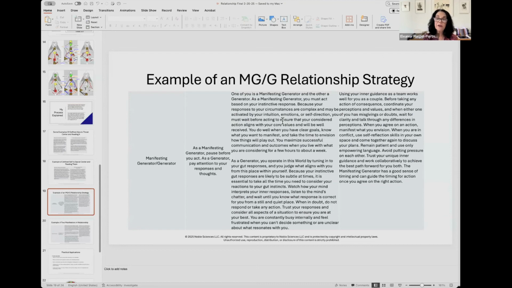You do well when you have clear goals, know what you want to manifest, and take time to envision how things will play out.